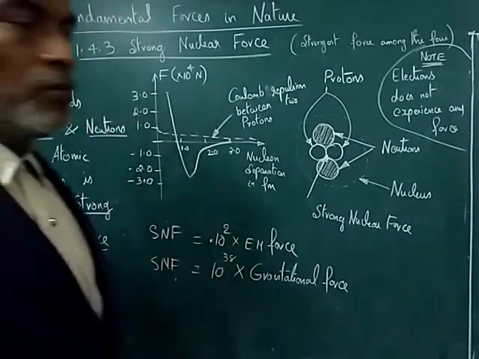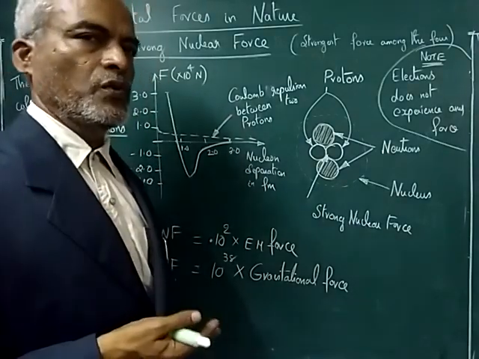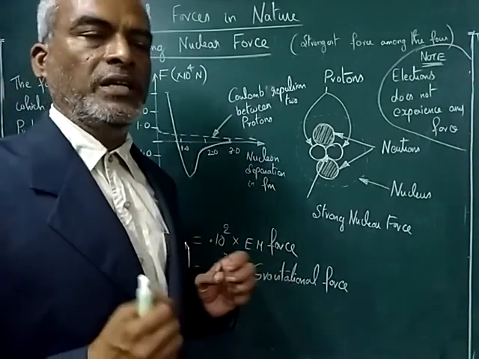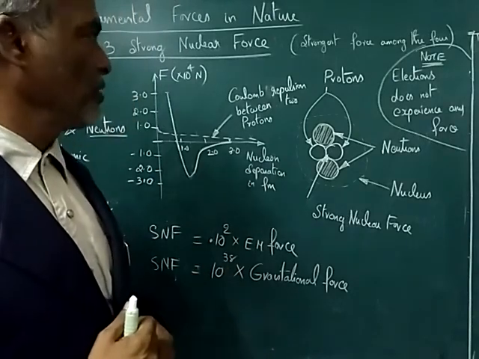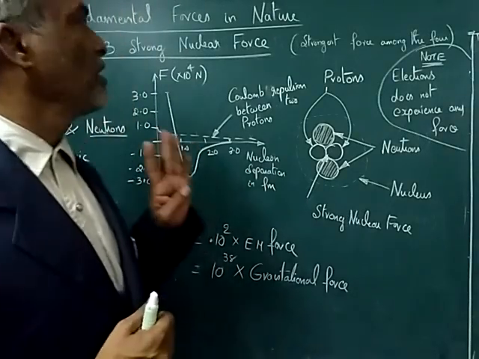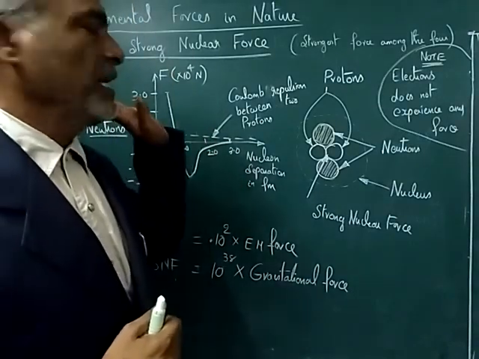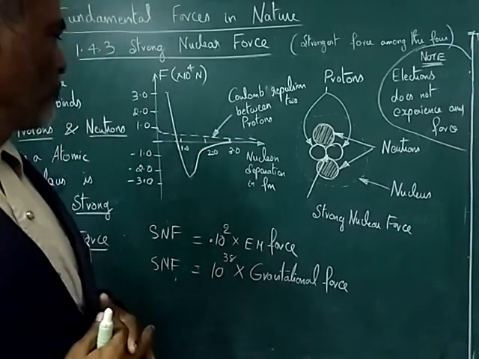And we have one more force, the weak nuclear force. In all four cases, the strong nuclear force has the highest strength, the highest force. That's why we call it the strongest nuclear force. So fundamentally in nature we have 4 forces, and this one has the highest value.